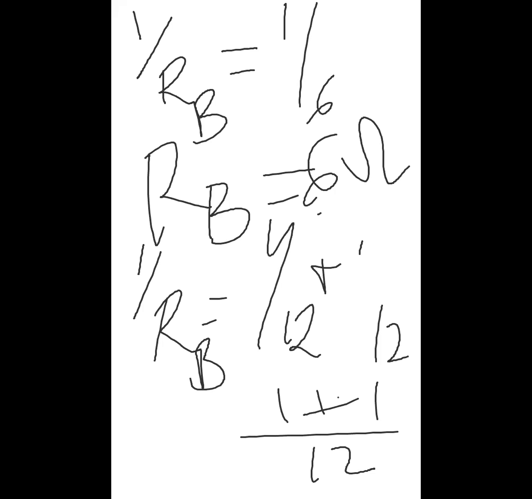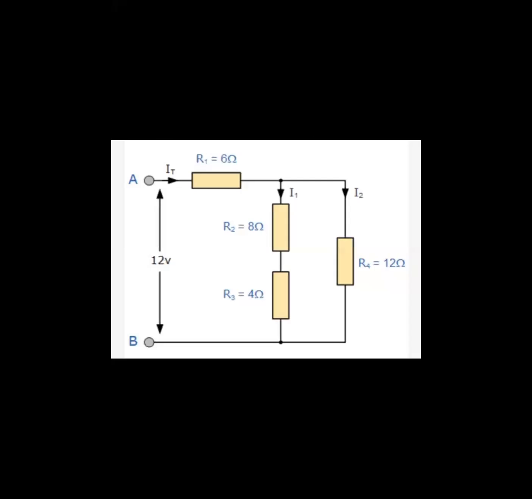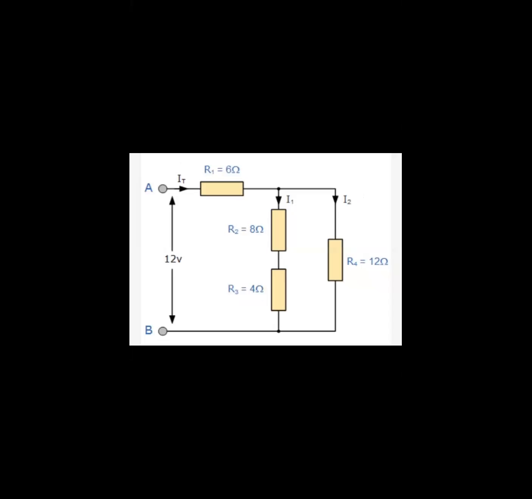Okay, so after this, it means we've gotten RA and RB. Let me share the diagram again so that we would know. Then after this, it means we have solved for these three resistors.